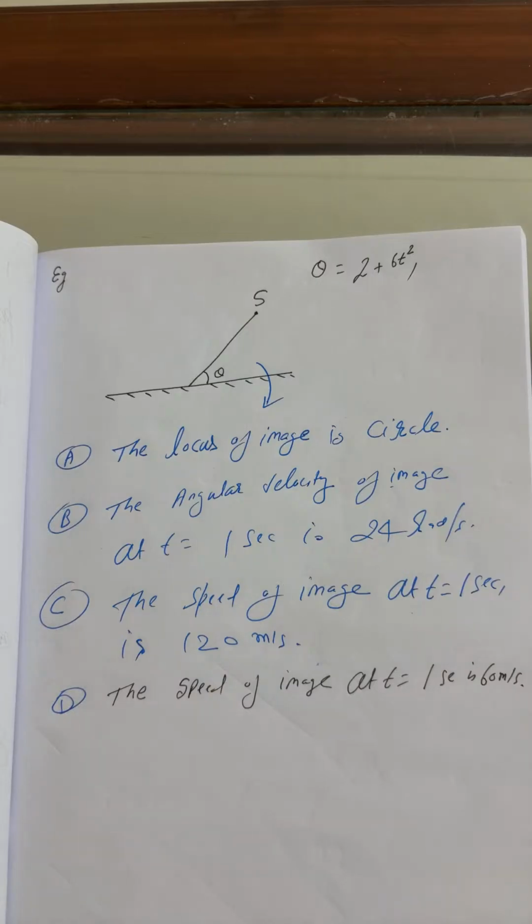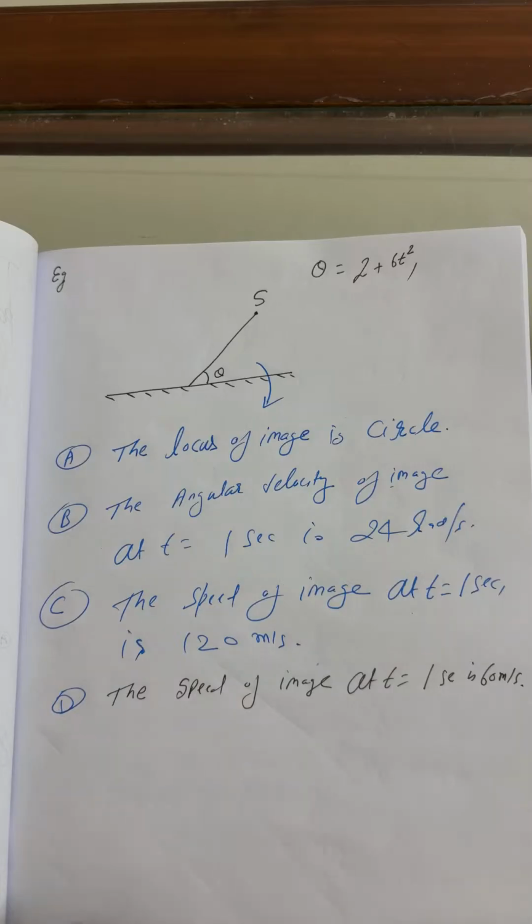If you do not have much confidence in rotation of mirror, you will definitely not get these questions. So when a mirror is rotating, the image is also rotating, hence the locus is what?